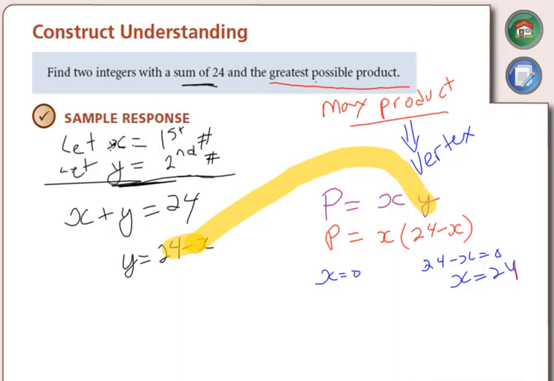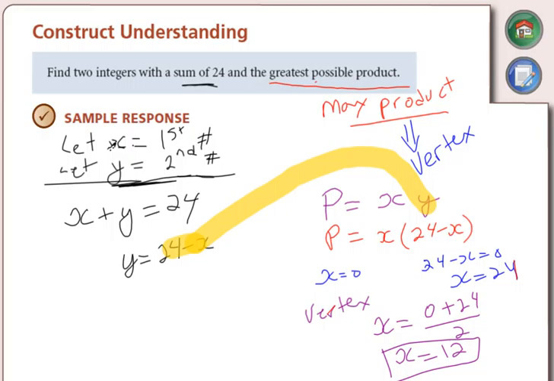Our vertex is going to be halfway in between. 0 plus 24 divided by 2, 12. There's the number that we're going to use. That's the x-coordinate of the vertex.